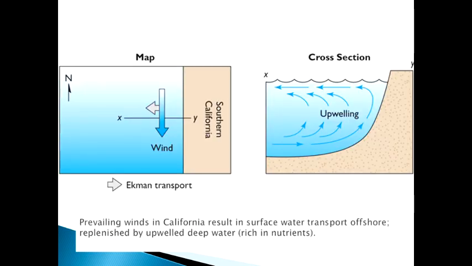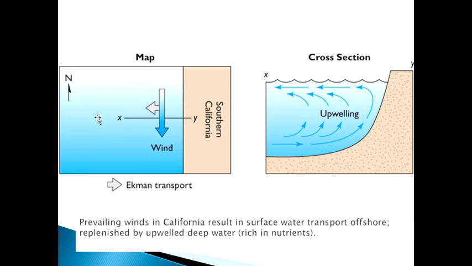How does upwelling occur? Well, let's look at the Southern California example. The blue is the Pacific Ocean. The tan is Southern California. The prevailing winds are shown as this bluish arrow. Remember, there is this deflection towards the right. So the winds blow this way. Water is deflected to the right, which means away from the shore.